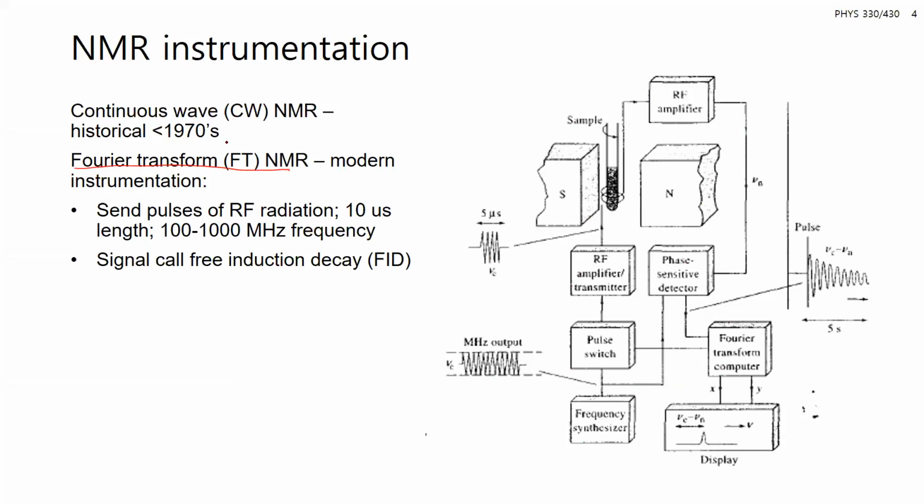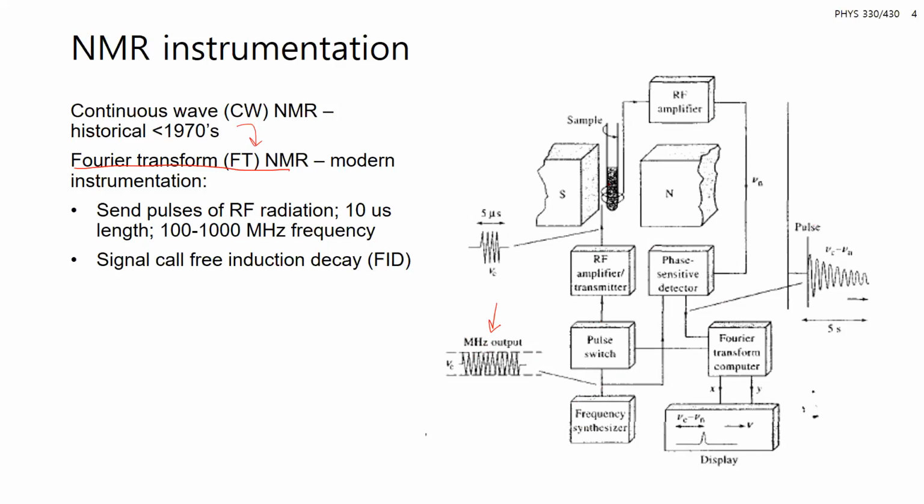And historically, NMR was performed as a continuous wave method before the 1970s, but then with computation, Fourier transform NMR improved the sensitivity greatly, because as you pulse your radio frequency, you can then have higher resolutions. And so we're going to go over this in more detail, but with your radio frequency for Fourier transform, you're going to pulse it at megahertz frequencies.